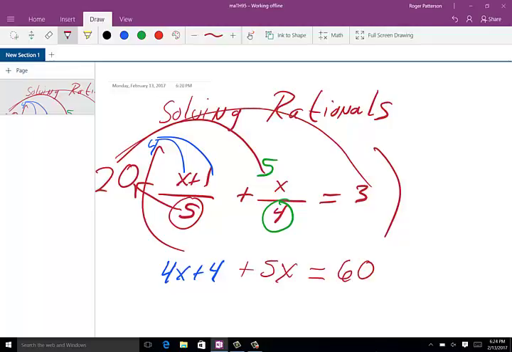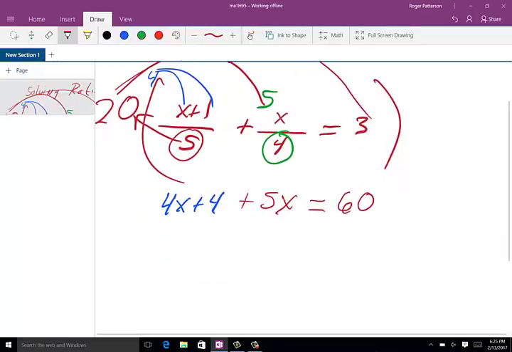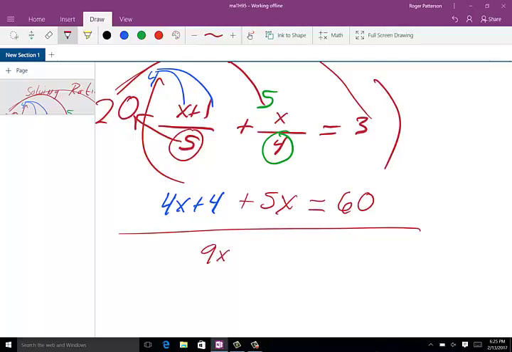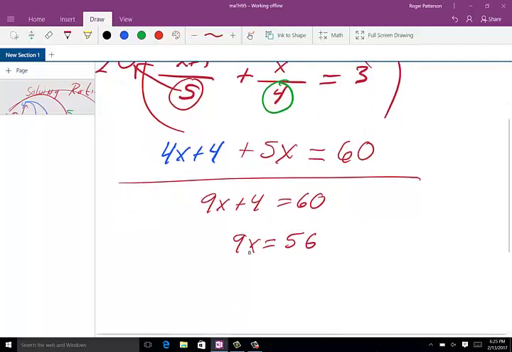But notice that the bottoms have cleared out, so that's why we want to multiply by that common denominator, so to speak, whatever you want to call it. Now this is just a regular old solving equation problem that you've done before. So we'll add these up, do a little bit of work here, and divide by 9. 56 divided by 9, I bet that's 6.2 repeating.